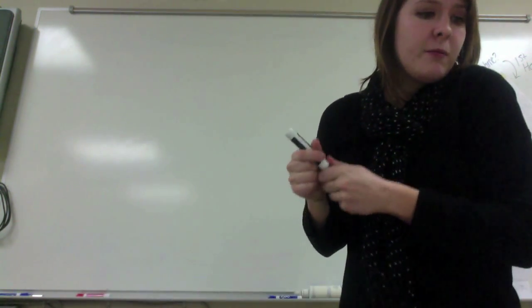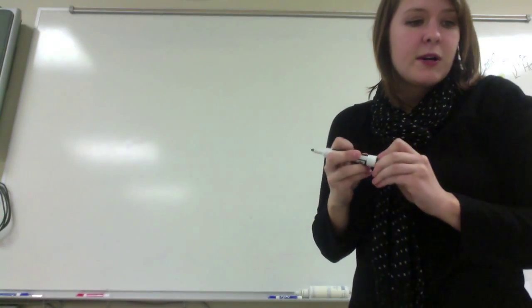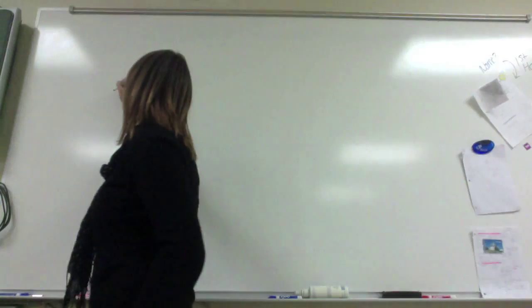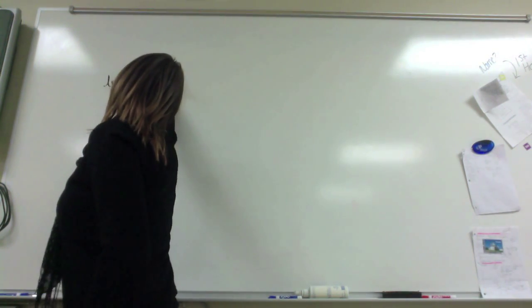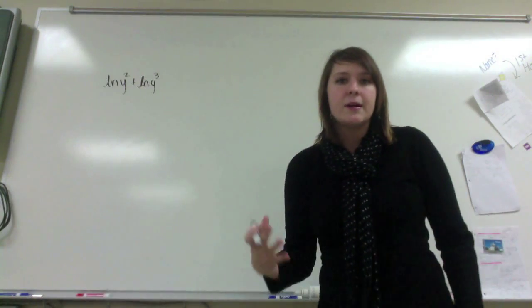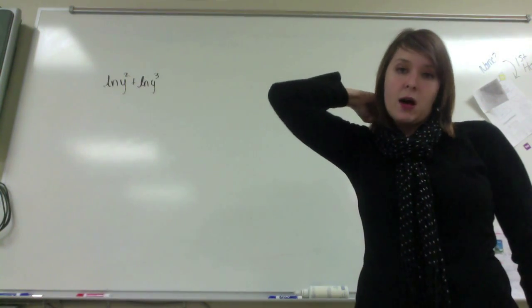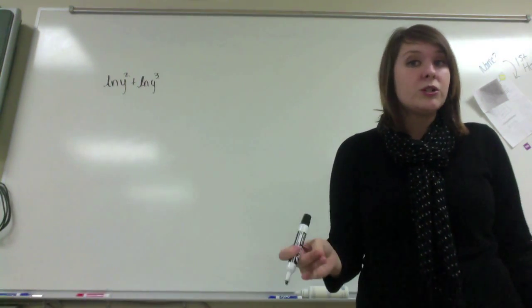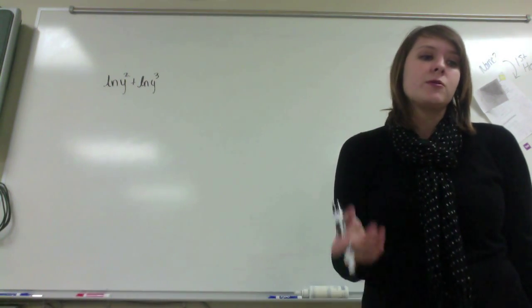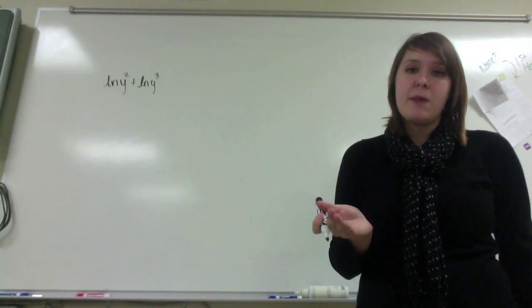Alright, the first problem, we've got natural log of y squared plus natural log of y cubed. So I need to think about how can I simplify this? Well, first of all, I'm going to look through my rules and think about which one of these rules I can use. So the first thing I notice is that both of these have powers.